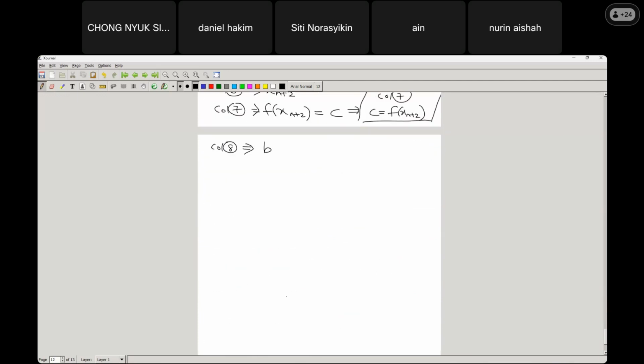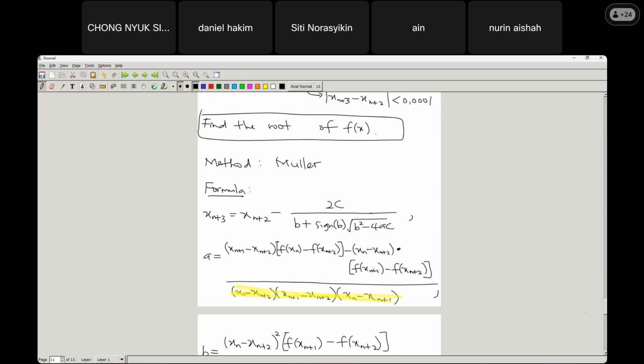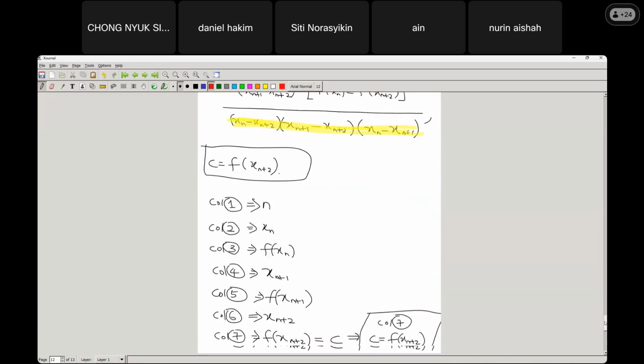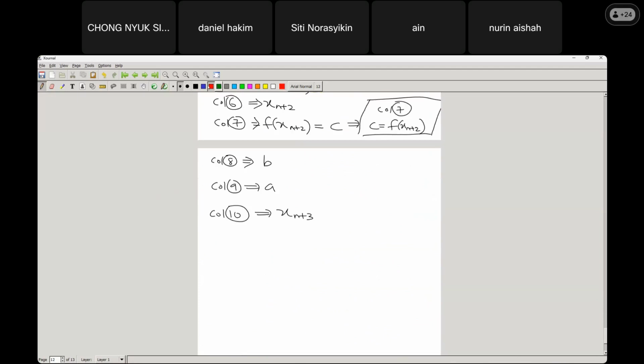So column 8 is B, and next column 9 will be your A. After that, you can begin to calculate your xn plus 3, using Muller's formula. The sign of B is very important, so you need to know the sign of B.